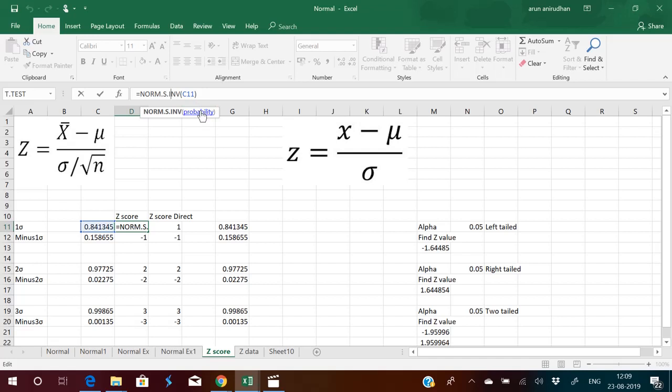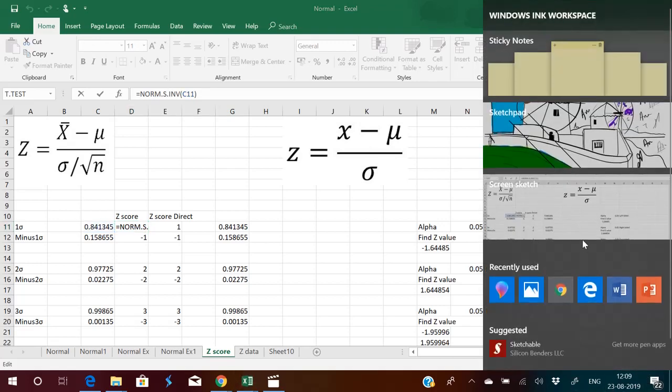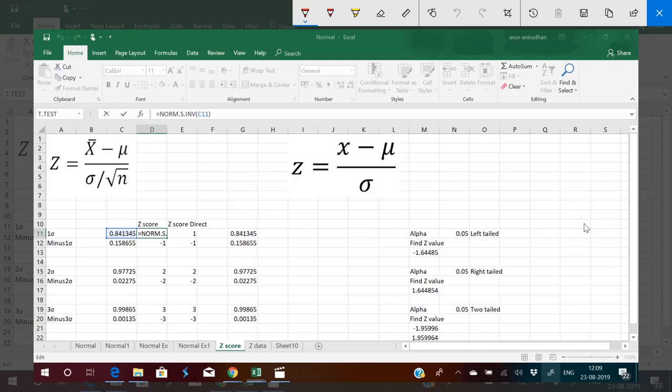The probability you got from NORM.DIST is 0.8413.